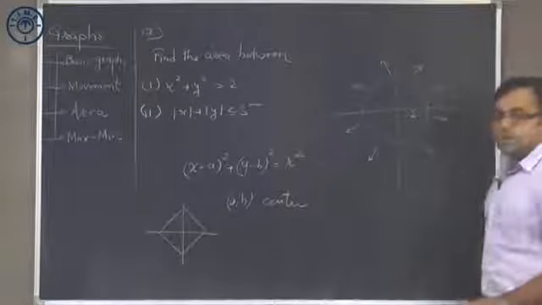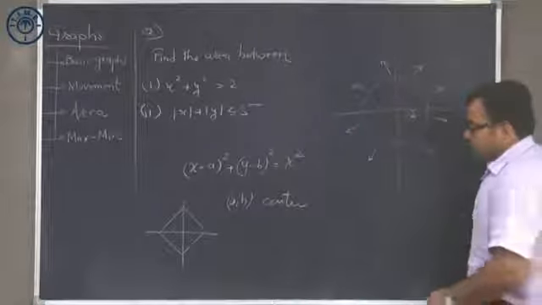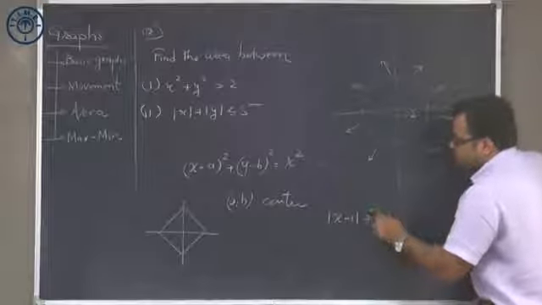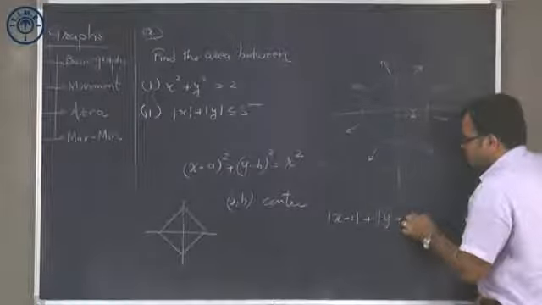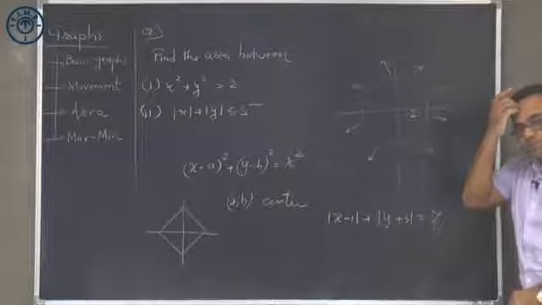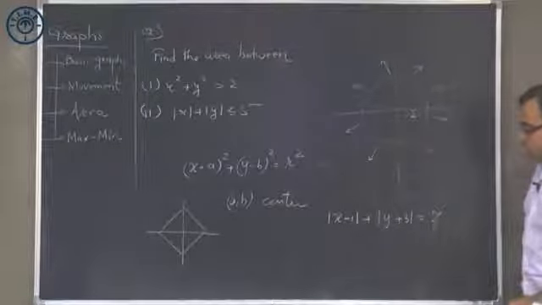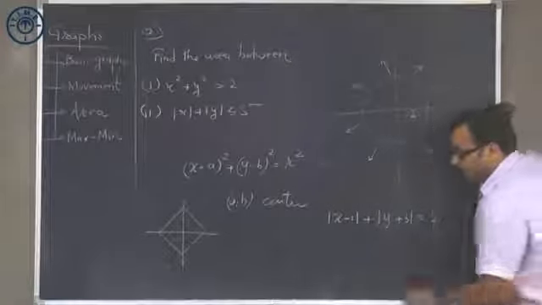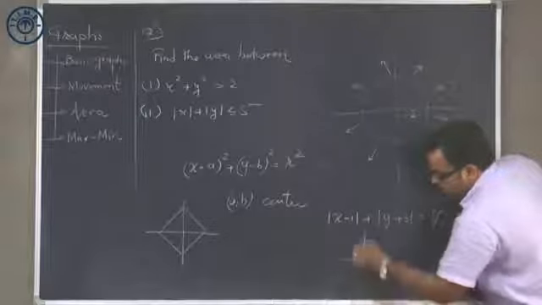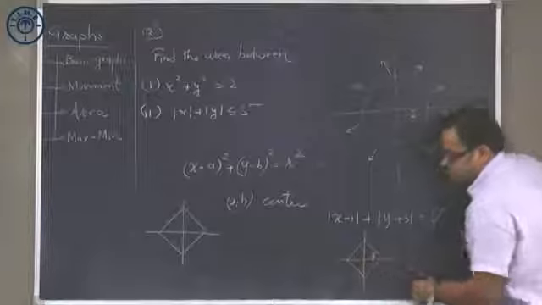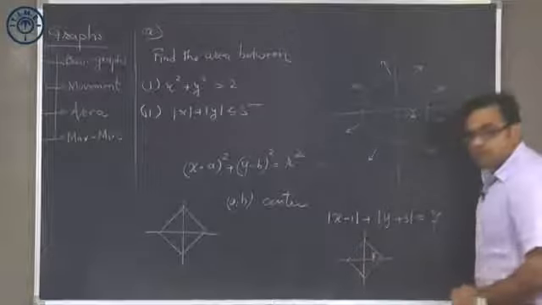So this becomes the general graph for mod of x plus mod of y is less than or equal to k. Digressing a little, if from here I was to draw the graph of mod of x minus 1 plus mod of y plus 3 is equal to 7, how will we draw this? In order to draw the graph of mod of x minus 1 plus mod of y plus 3 equals 7, what I will have to do is, if it was at the origin, it would have been 7 units. This would have been the graph.